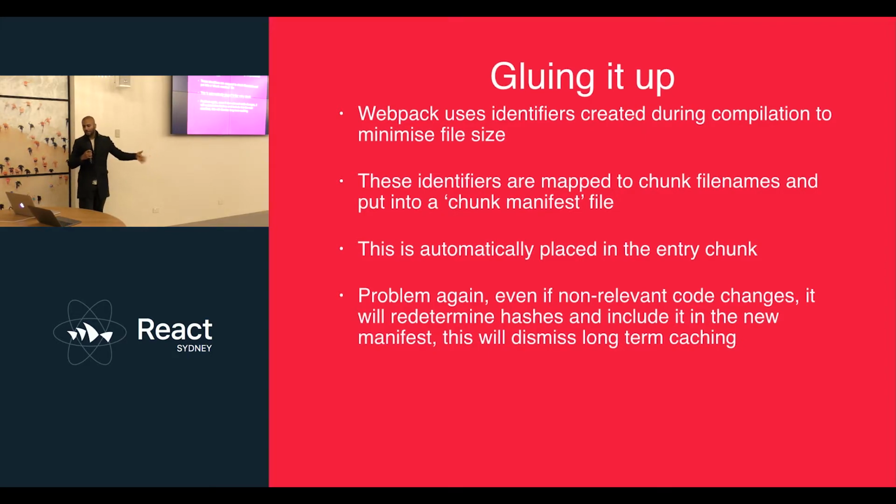Webpack basically uses identifiers during compilation. Like I said, identifiers are used as file names because they're cheaper to download. And they're basically mapped into this chunk file or chunk manifest file, and they map all our code according to each requirement of download. Again, we have an issue with this.